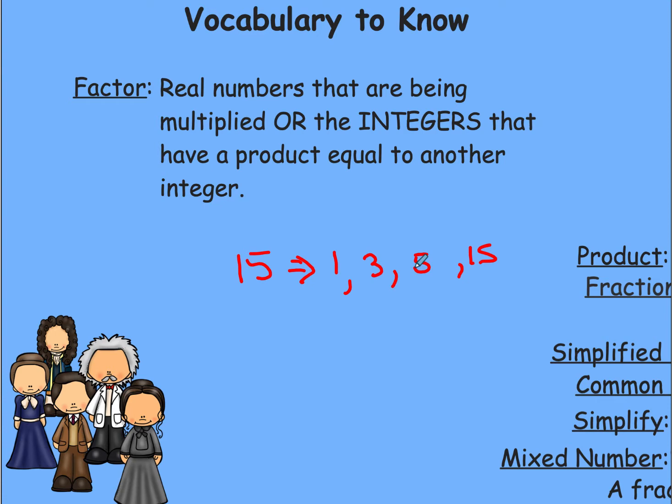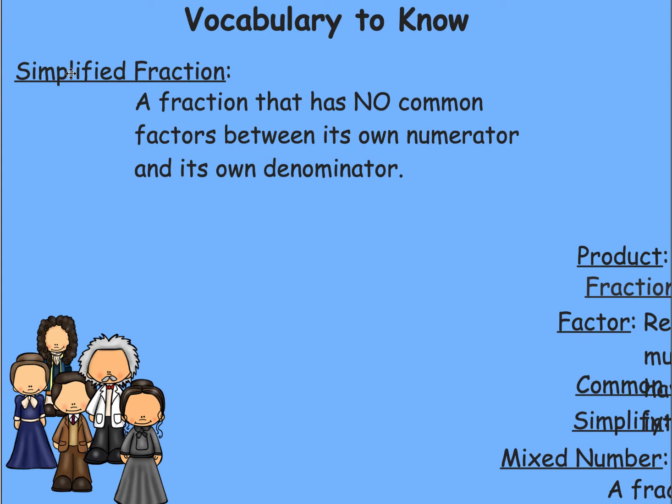exactly 15. So oftentimes you'll hear a teacher say, make sure you simplify the fraction. Well, what does that mean? A fraction that has no common factors between its own numerator and its own denominator, other than 1, would be simplified. So 3/5, because 1 and 3 are the factors of 3, 1 and 5 are the factors of 5, so their only common factor is 1.